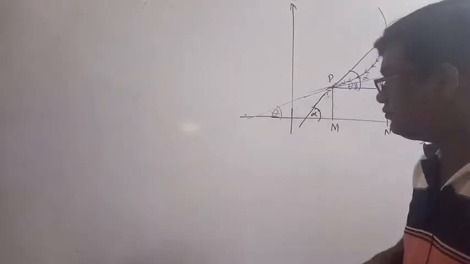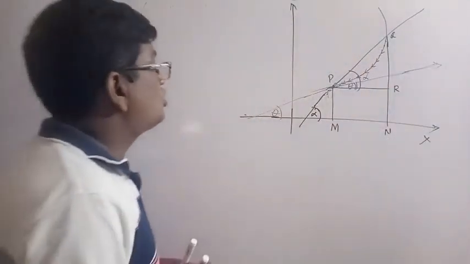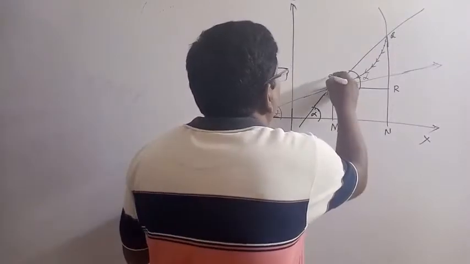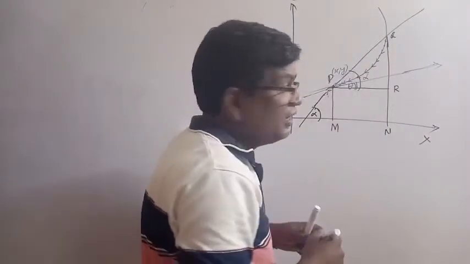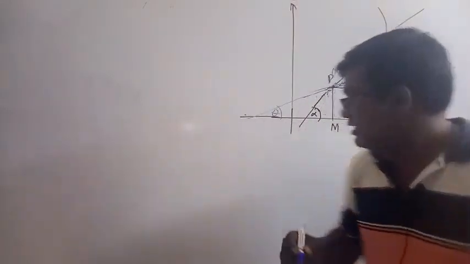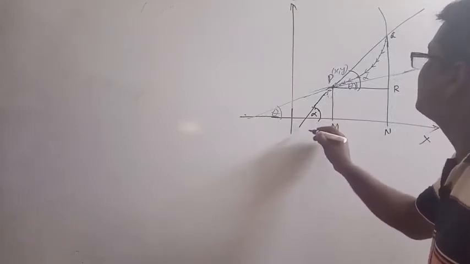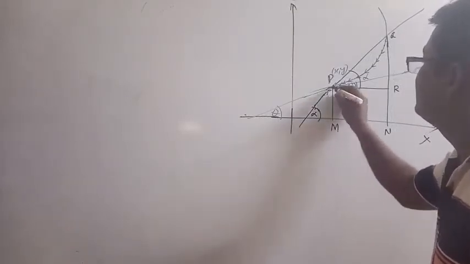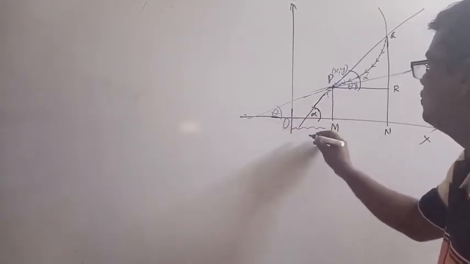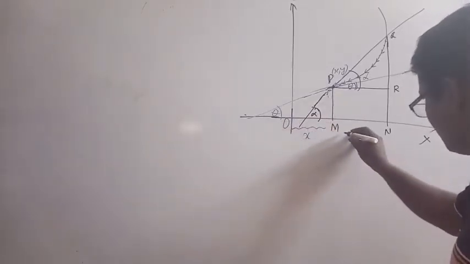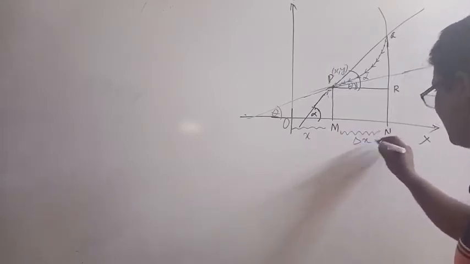Now suppose this point is (x, y), and this is a small increment. This is the origin, suppose O, and this is x. Suppose this is the change in x, del x.